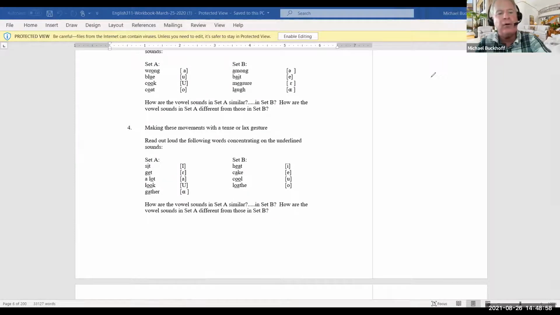If it's harder, we say the vowel is made with a tense gesture. If the tongue is more relaxed, it's made with a lax gesture. And believe it or not, that separates certain vowel sounds. This is what I want to illustrate here.